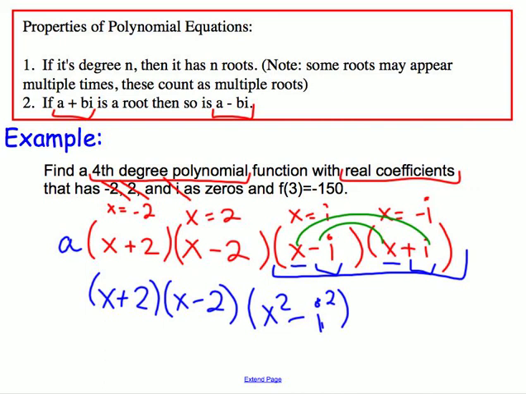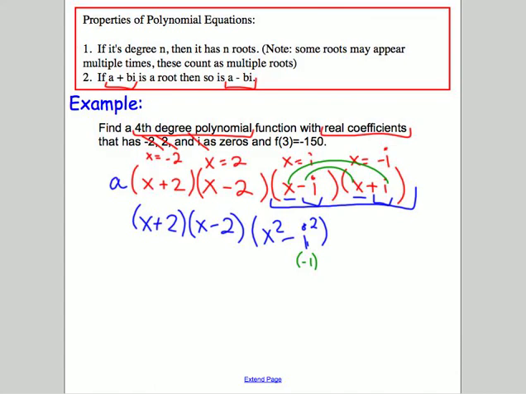The whole point of conjugates is that they cancel. So I know that i squared is -1. And when I take x squared minus -1, I get x squared plus 1. So my resulting polynomial is going to be x plus 2, x minus 2, x squared plus 1.